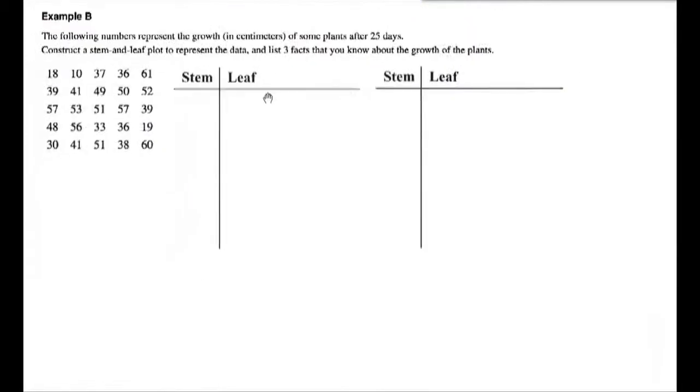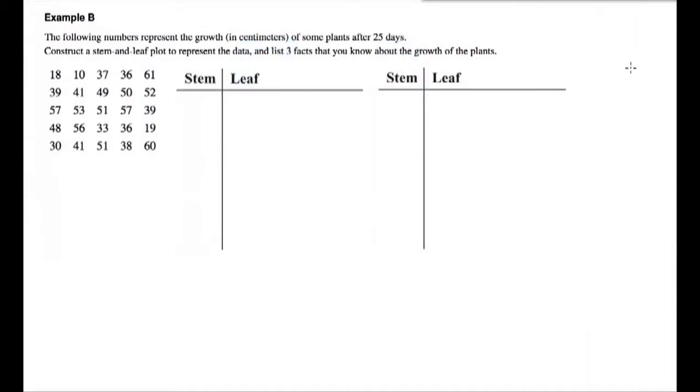So let's look at example B, and we'll do a little bit more with the data on this example. I have data that's in a 5 by 5 row and column, so that means we got 25 total. My smallest value is 10 and my largest is 61.